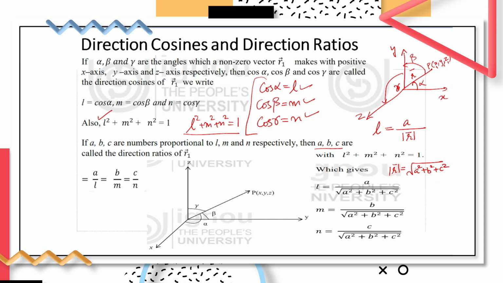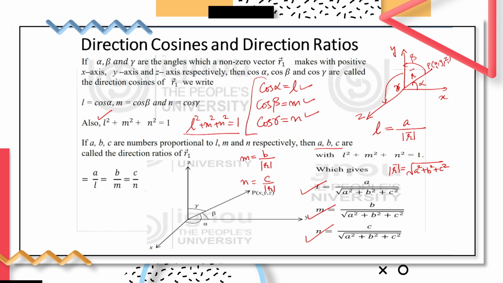So that means l is equal to a by magnitude of r, m is equal to b by magnitude of r, and n is equal to c by magnitude of r. So that's why you can always say that l is equal to a upon square root of a square plus b square plus c square, m is equal to b upon square root of a square plus b square plus c square, and n is equal to c upon square root of a square plus b square plus c square, where a, b, c are the direction ratios and l, m, n are the direction cosines. And this represents the connection in between direction ratios and direction cosines.